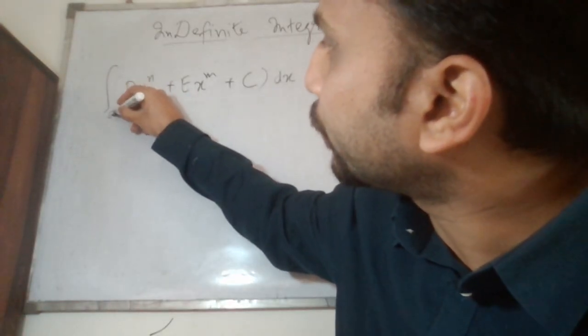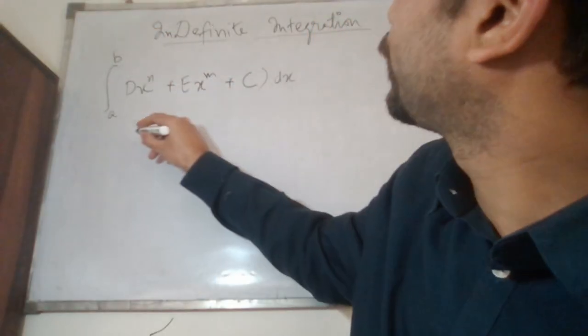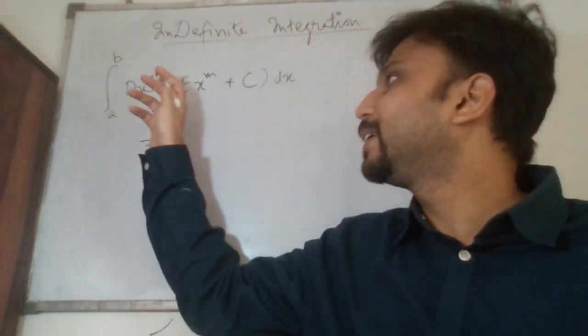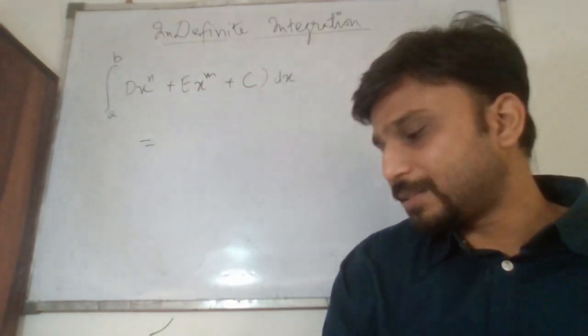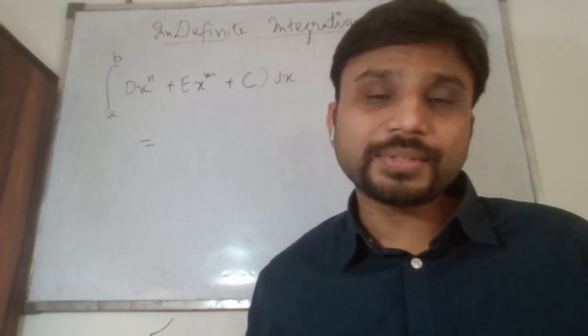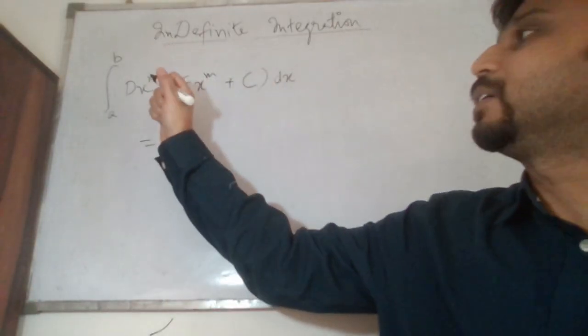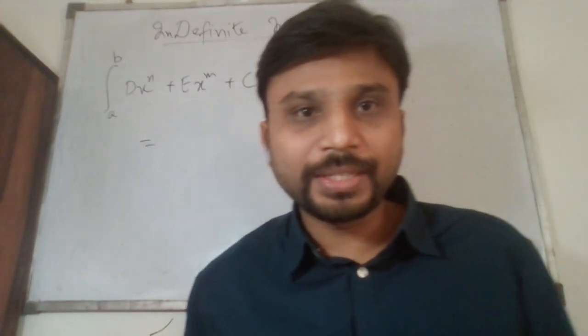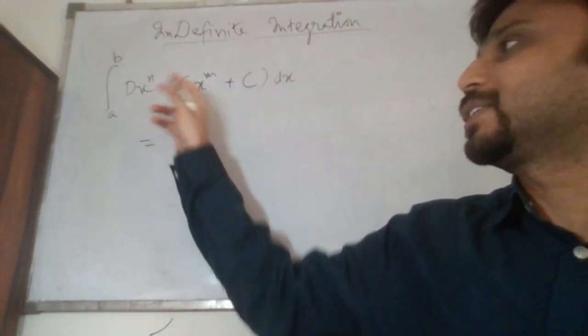So it is going from a to b. We have already recognized that d, e, and c are constants. Because they are constants, we can go straight to x.